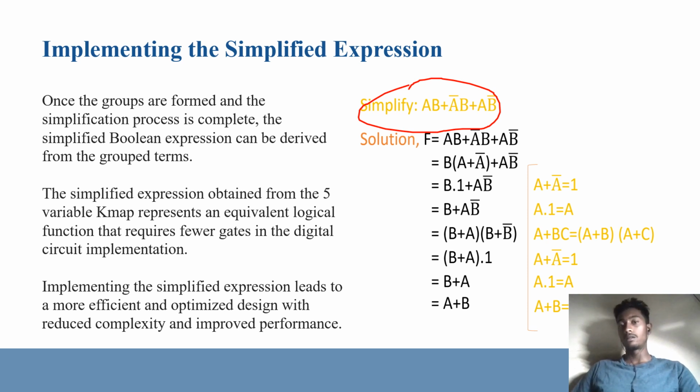So we can see that the equation f equals ab plus a bar b plus ab bar is simplified to a plus b. This simplified expression leads to a more efficient and optimized design with reduced complexity and improved performance.